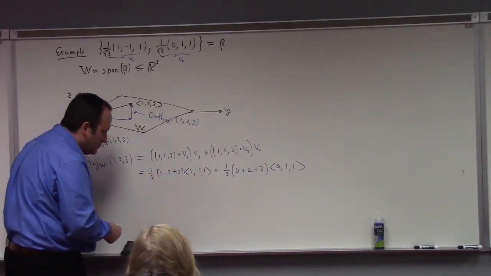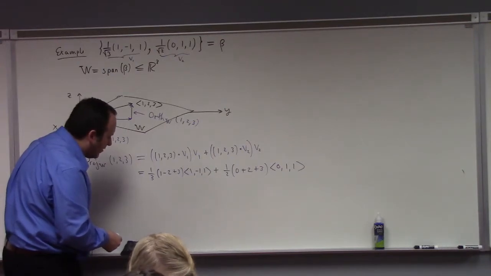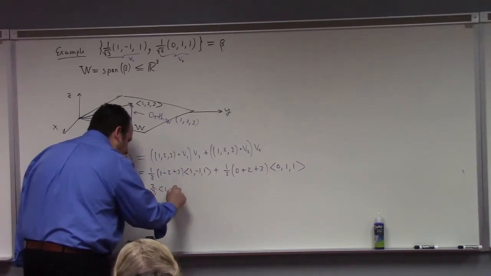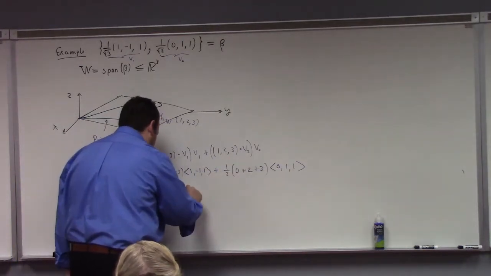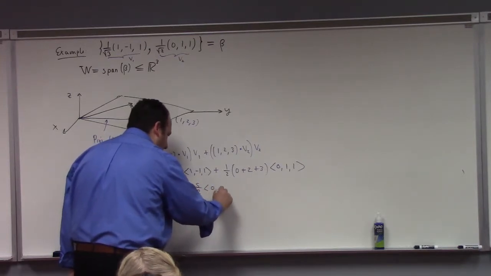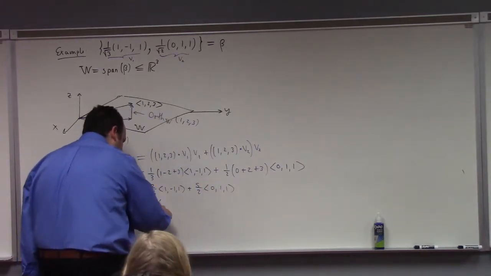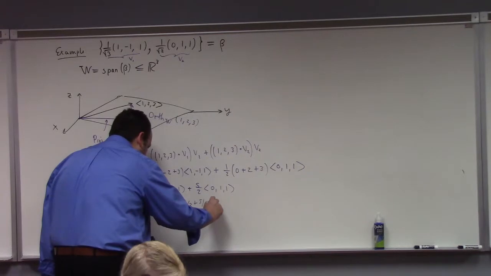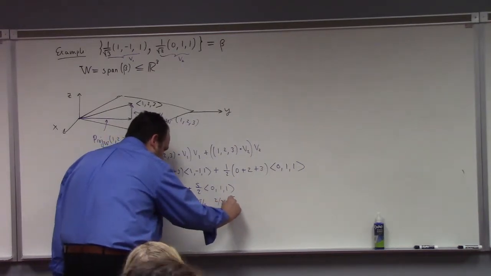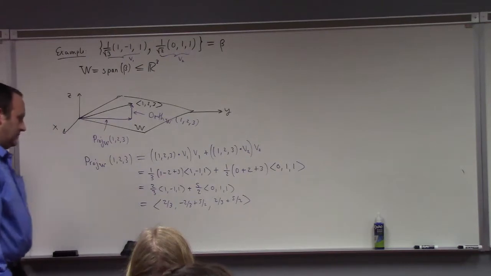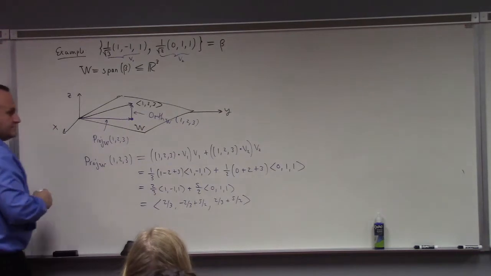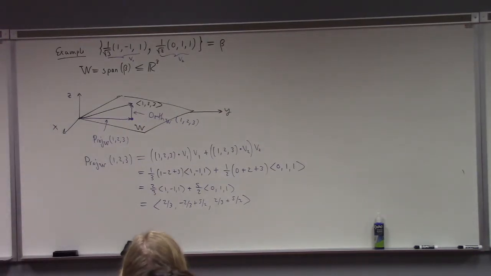What's that? 2/3, times 1, minus 1, 1. What's that work out to? 5/2, times 0, 1, 1. So we've got 2/3, minus 2/3 plus 5/2, and then 2/3 plus 5/2. There you go. That gives us this point right here. It's the point in W which is closest to 1, 2, 3.